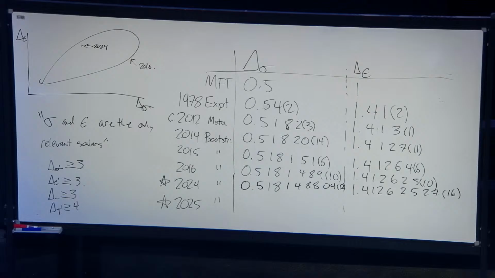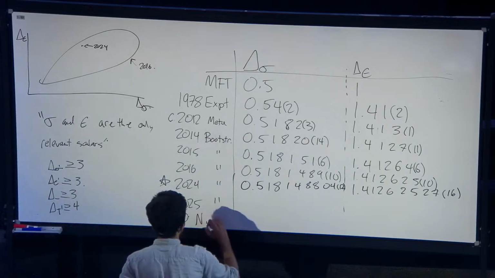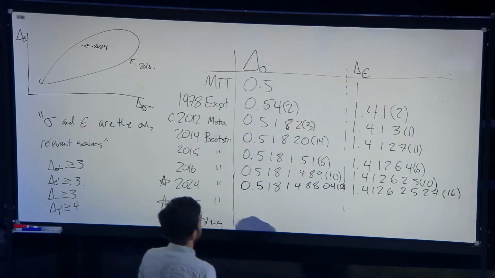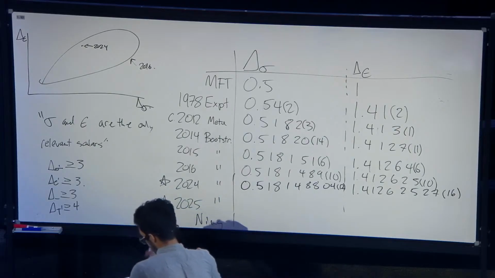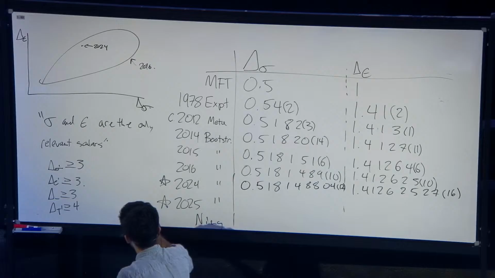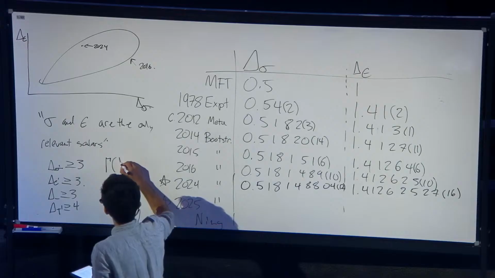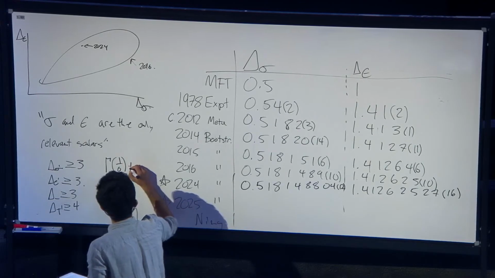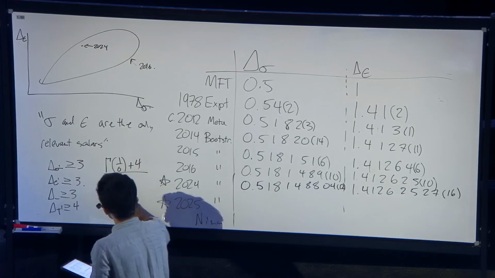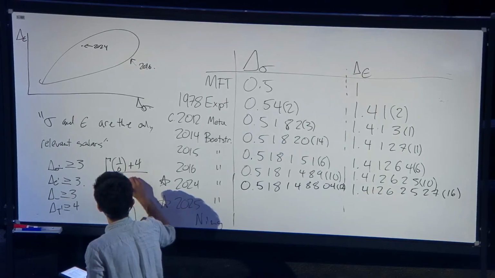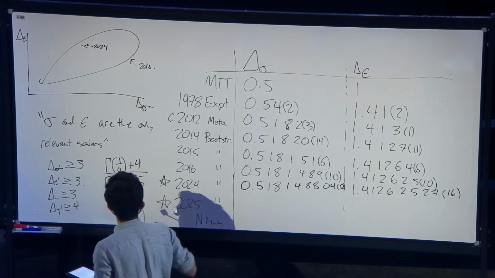So Ning's guess was a very imaginative one, which is gamma of 1/6 plus 4 over gamma of 1/24 minus 5.